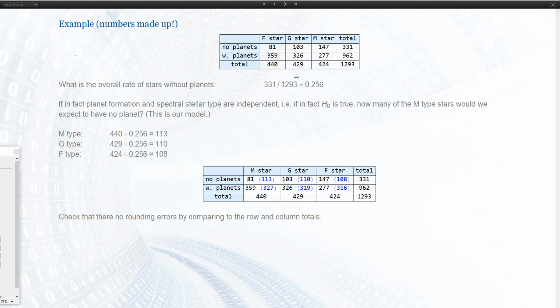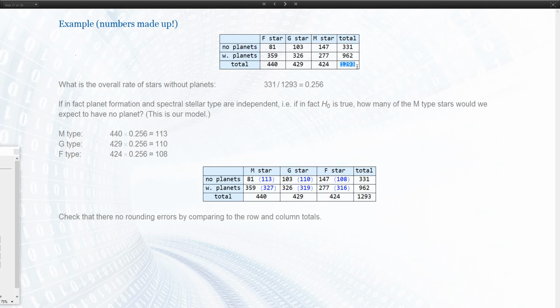If this is independent, then we could say, okay, it shouldn't make a difference for the chance to have a planet, whether it's in this column or in this column or in this column. So the overall rate of a star without a planet is 331 by 1293.